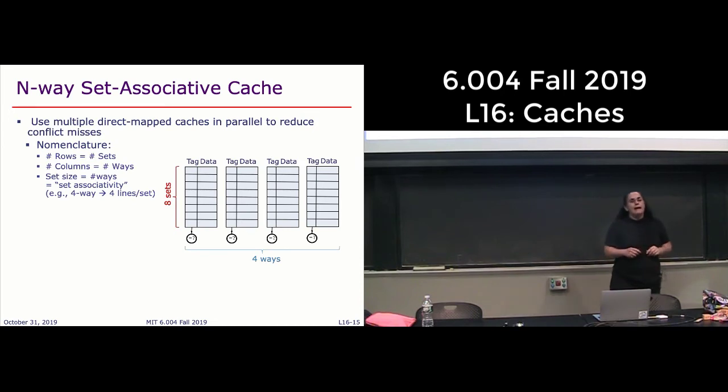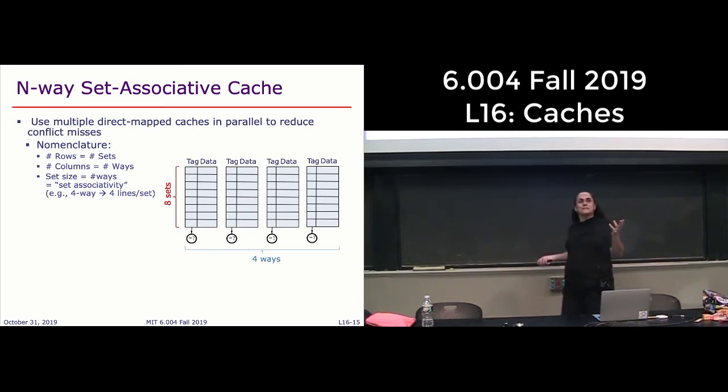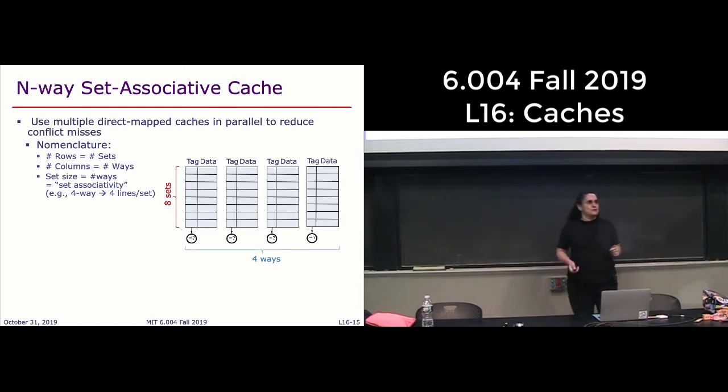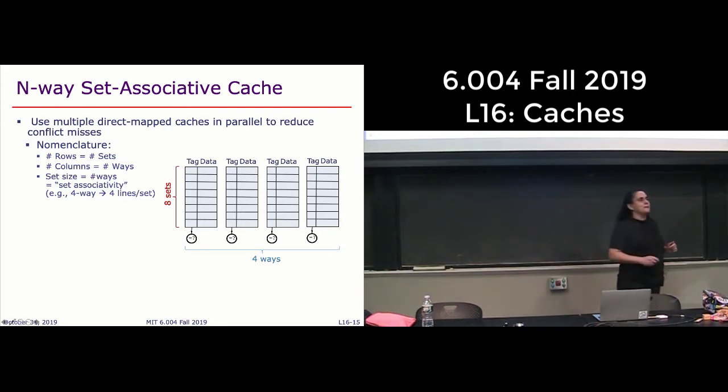And so then, of course, we have some middle ground, which is what's called an n-way set associative cache. So this is somewhere in between, where we basically have n direct mapped caches operating in parallel. And so for any particular address, it can go in one of n locations, or one of n ways, which is the terminology that we use in associative caches.